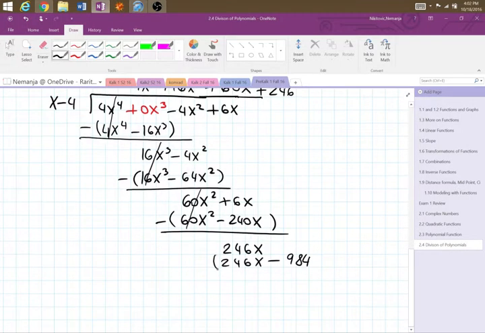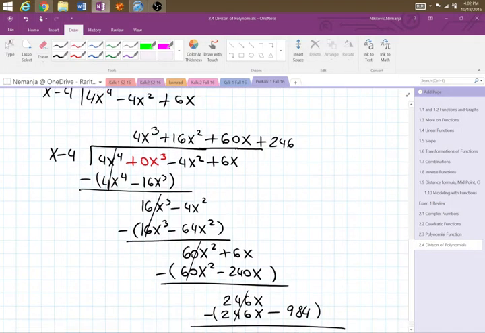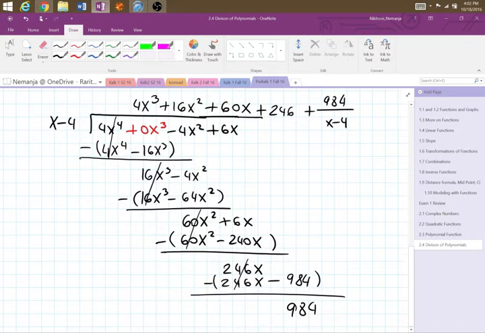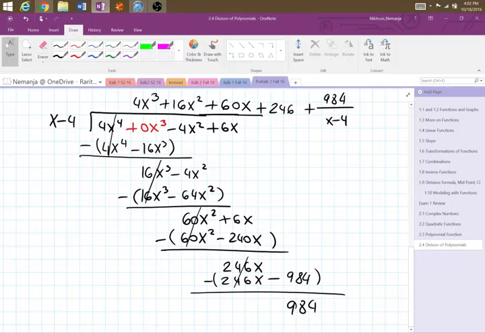And then we subtract. And we get 984 positive. So plus 984 divided by x minus 4. So you can see now the entire problem right there. Big number. Negative and negative is?